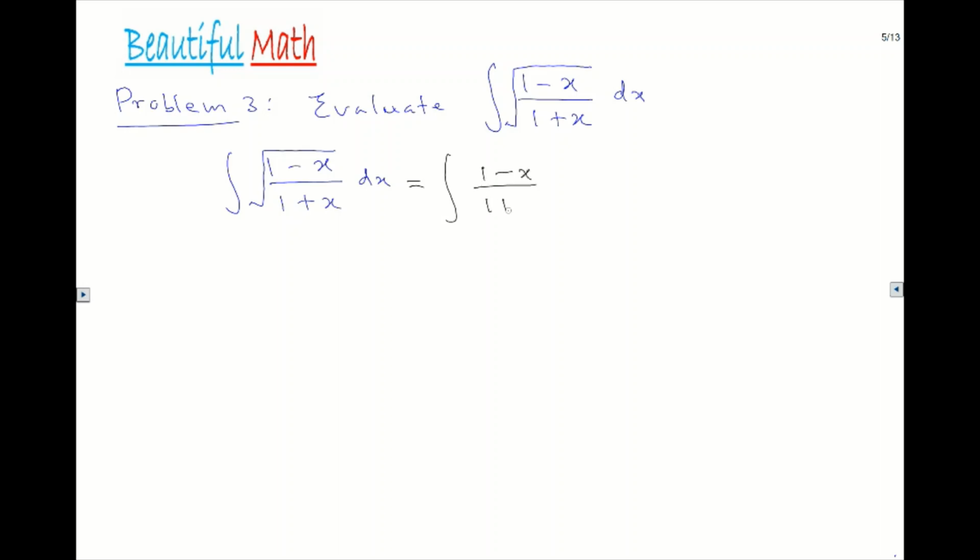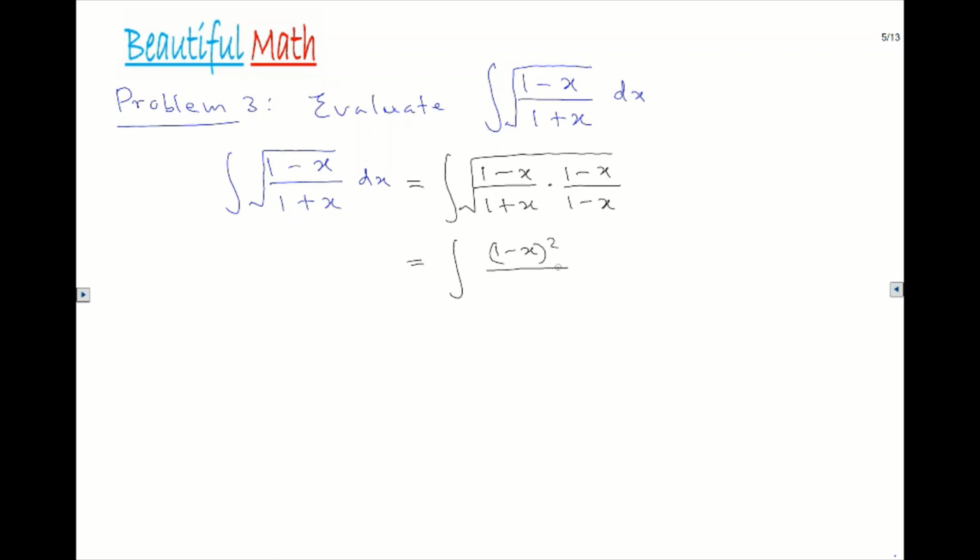So it is 1 plus x, times 1 minus x. That's the conjugate of the bottom function. So we're going to multiply the top and bottom by that, still inside the square root. Now what's going to happen when you simplify? You're going to get 1 minus x squared on the top.